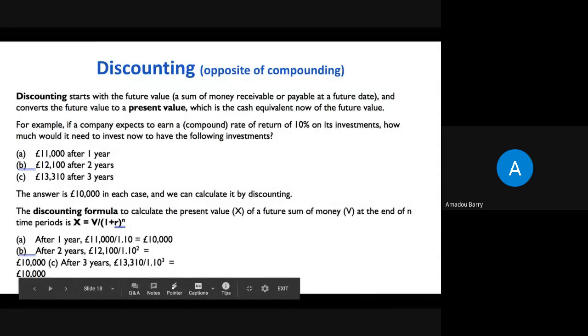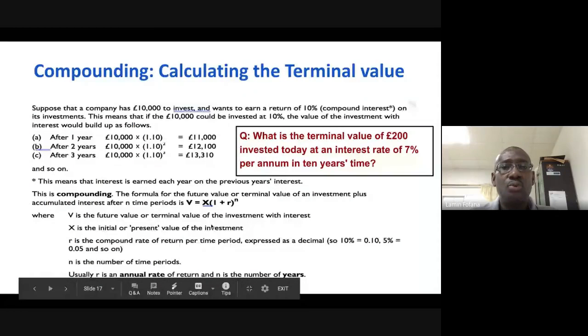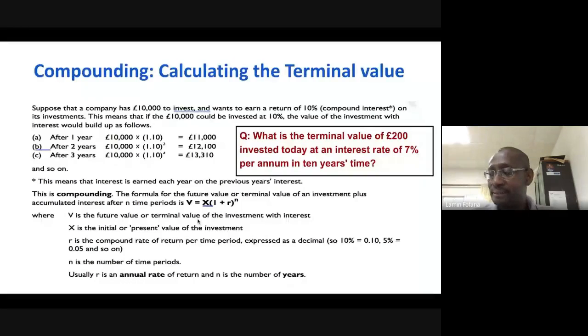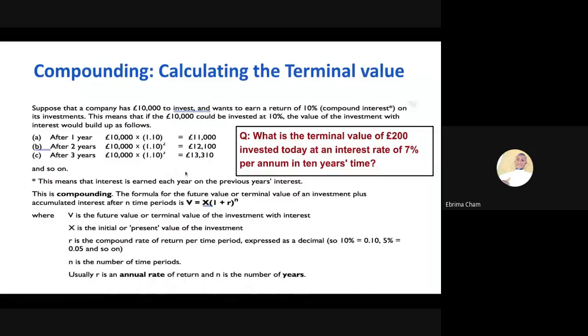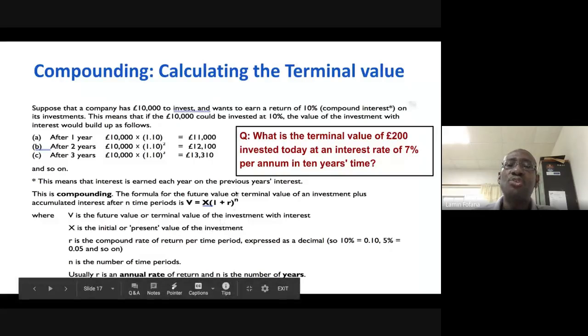The formula for discounting. I said discounting is the very opposite of compounding. If you compound, you're trying to find the future value of an investment now. If you're discounting, you're trying to find the present value of a future cash flow.